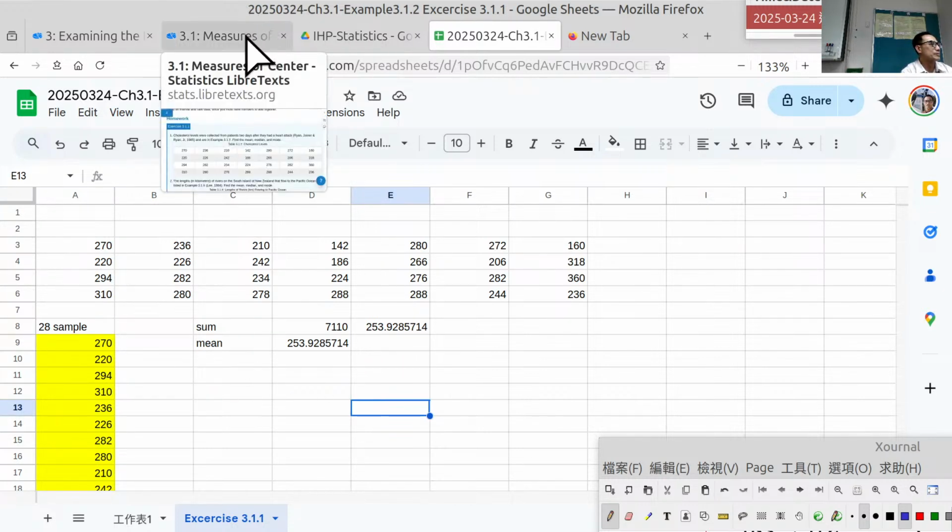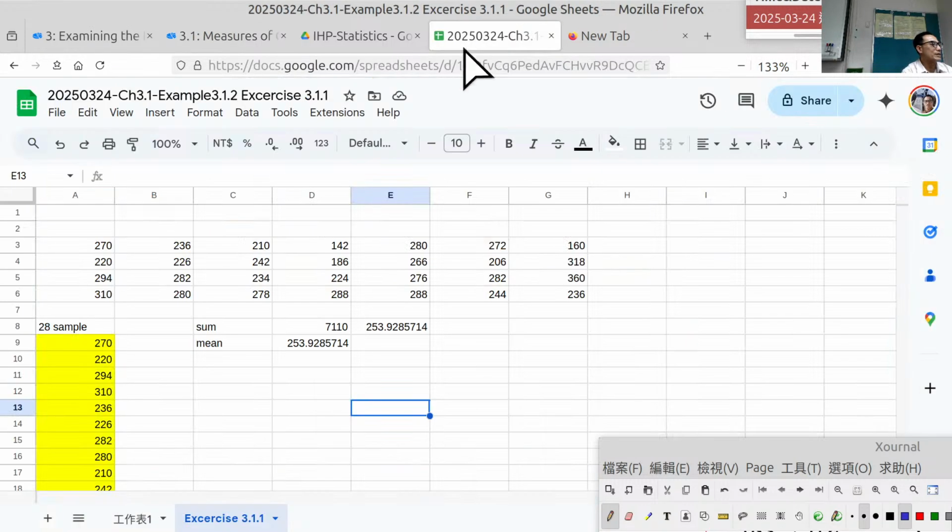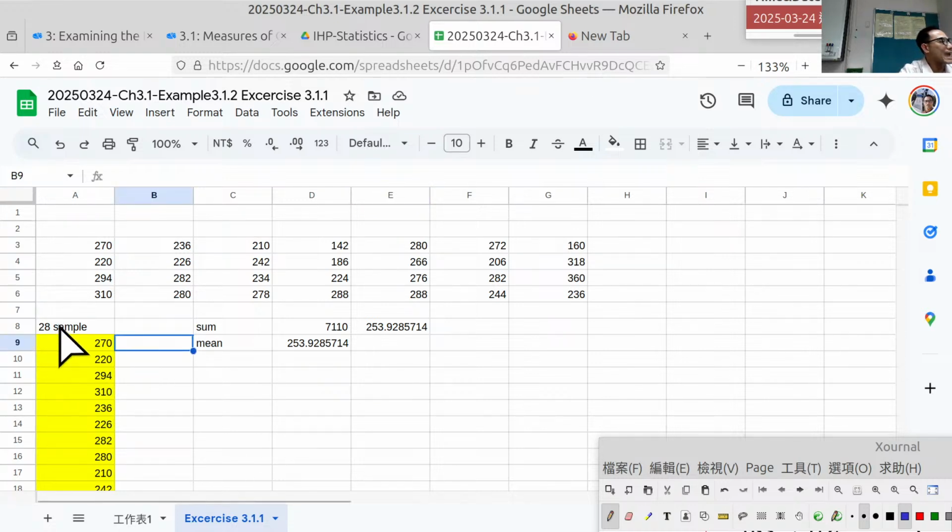And next, please find the median. The median, okay, and sure, there's one way. We know there are 28. It's an even number.